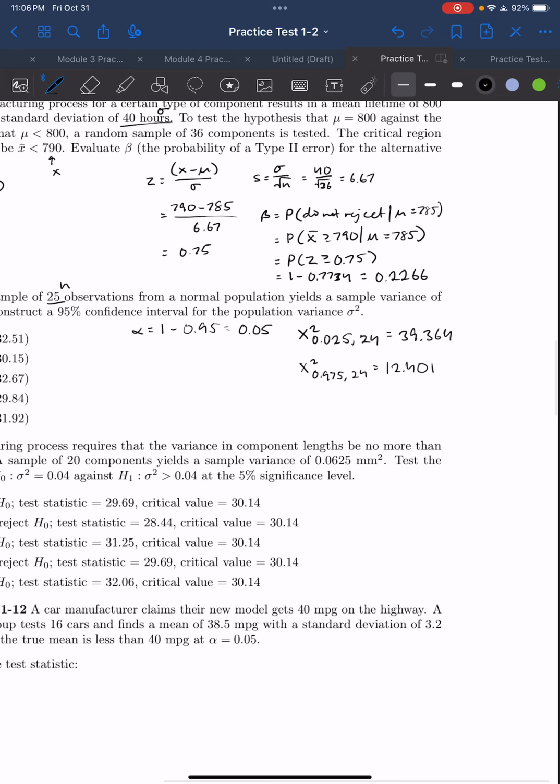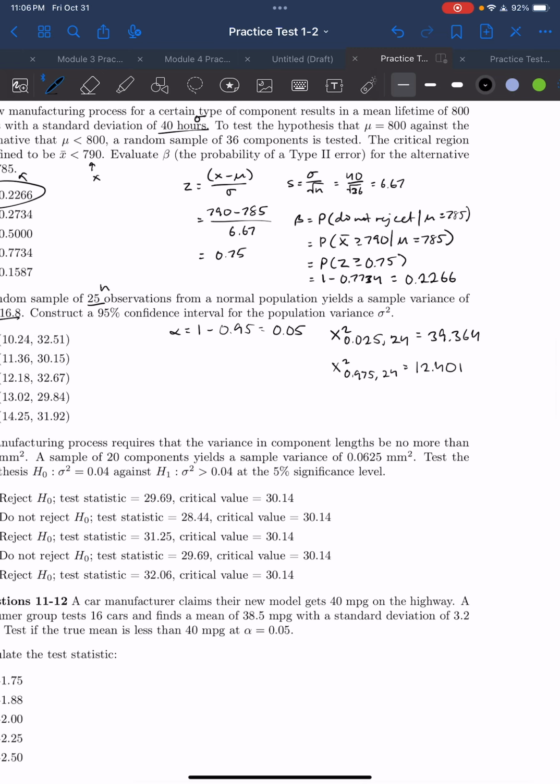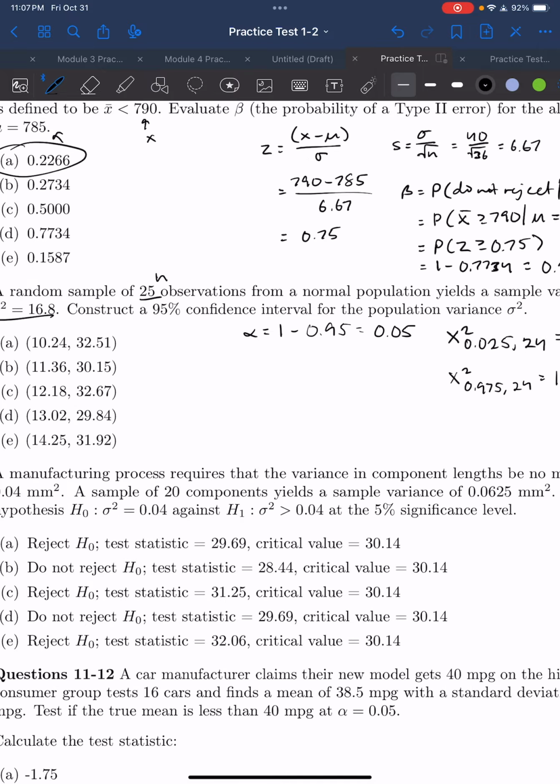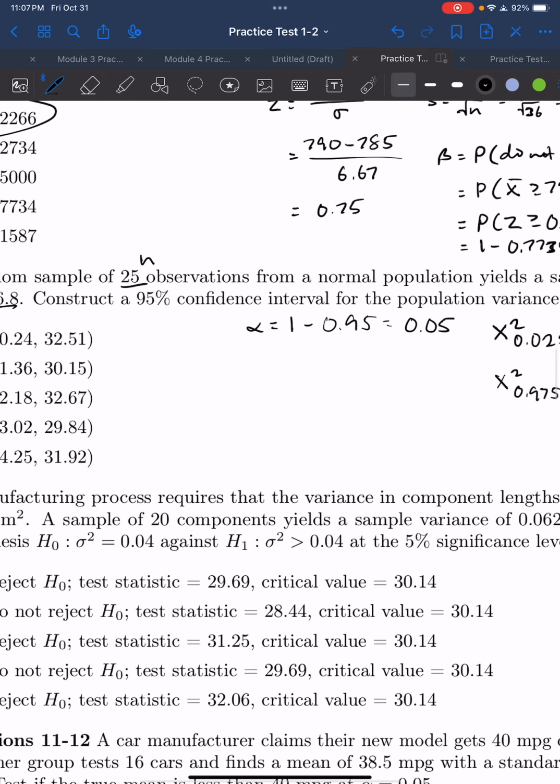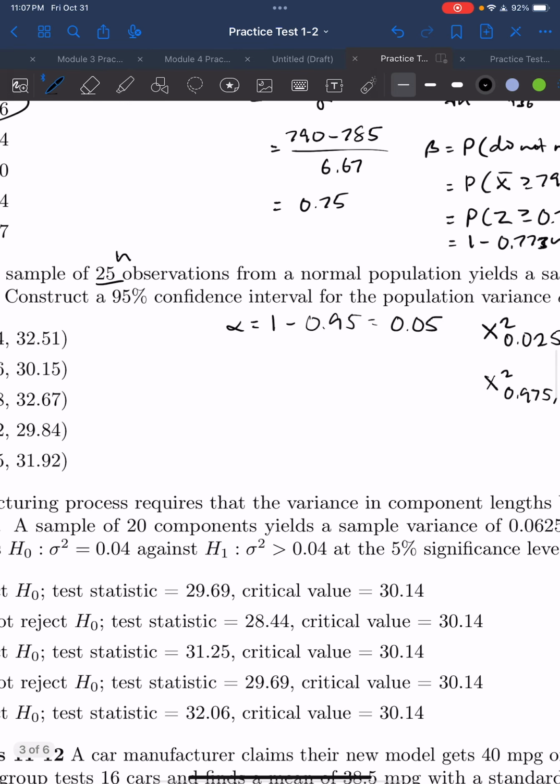And so now that we have our chi-square values, we can use our formula that I showed earlier. So for our confidence interval, we would want to have our n-1 times our variance divided by our chi-square.